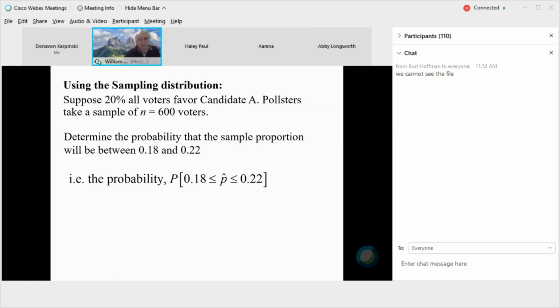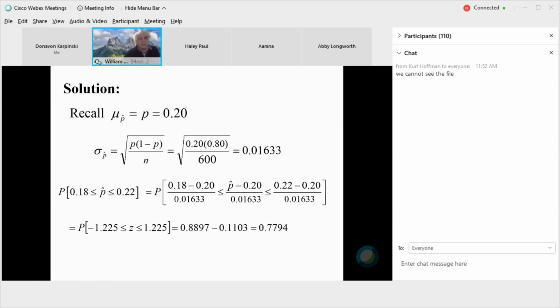From that, we can calculate the probability by standardizing the limits. 0.18 to 0.22 become minus 1.225 to plus 1.225. We can then look that up in the table, and we see there's a 77.94% chance that p hat will be between 0.18 and 0.22.